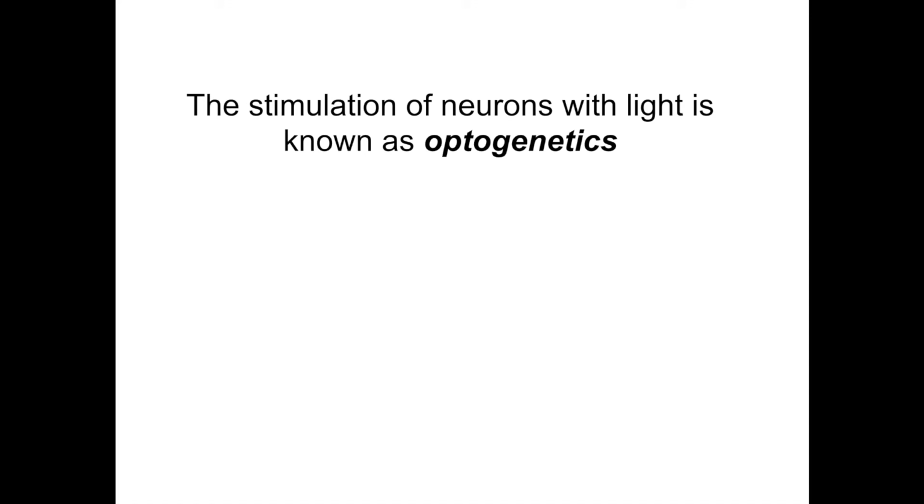Using optogenetic techniques, experimenters are able to manipulate the activity of a particular brain region to evaluate its role in information processing, or even to evaluate how that region of the brain controls behavior, as we shall see in the next movie.